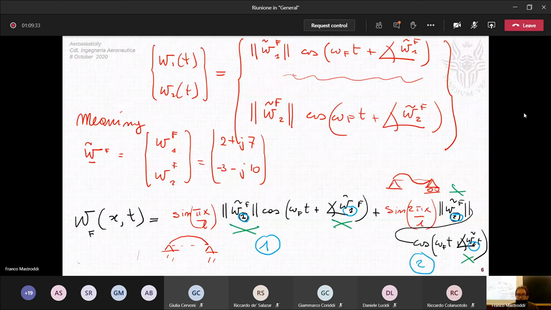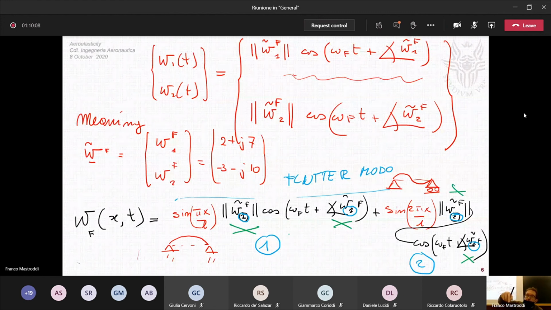Because essentially, with this expression here, this is namely the flutter mode. And the result of this analysis is that this shape here vibrating is the flutter mode. This is the mode including the structural and the aerodynamic contribution coupled. And this coupling is exactly described by this combination.